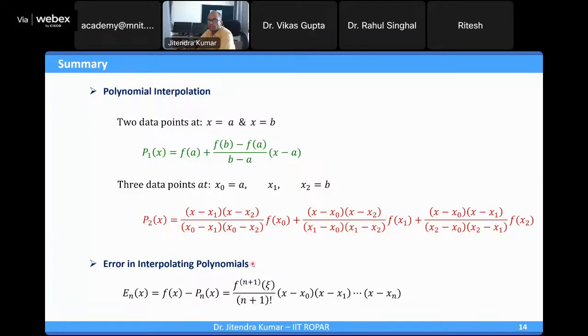And we have also seen the error in the interpolating polynomial, which is given by this expression: the (n+1)th derivative at xi, which is unknown here and will lie somewhere between x0 and xn, over factorial n plus 1, and this product is coming. That is the error in the interpolating polynomial.